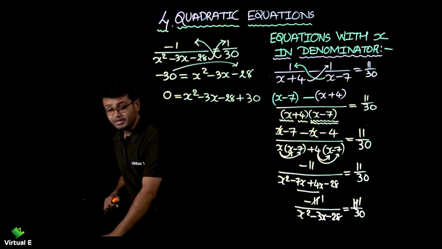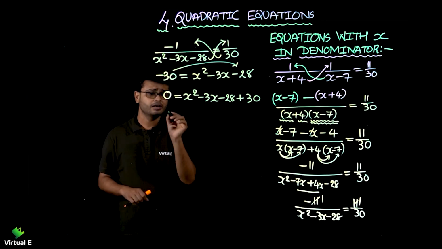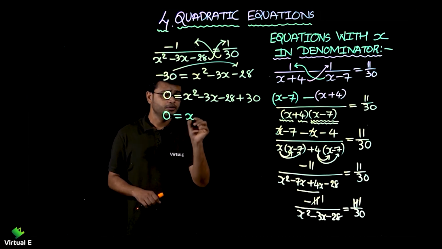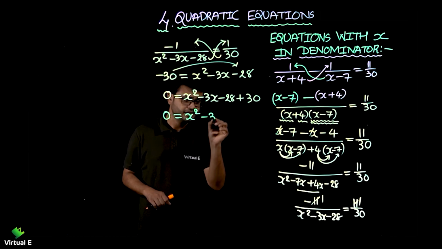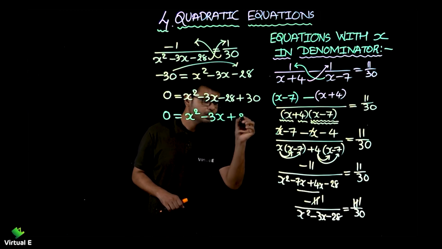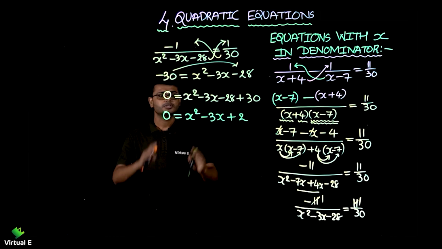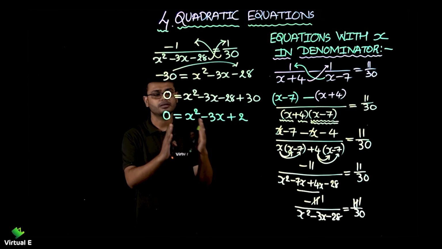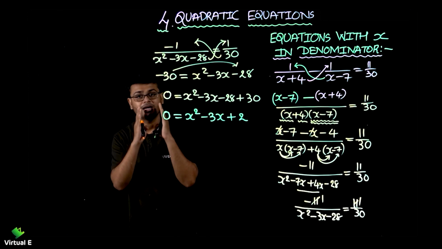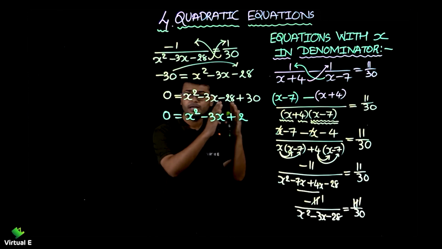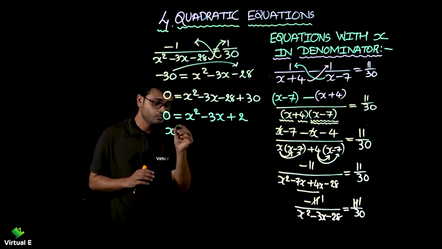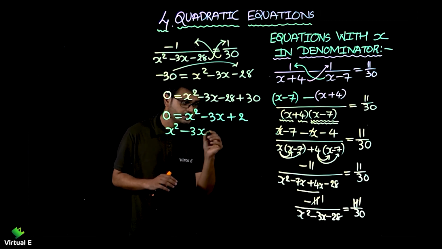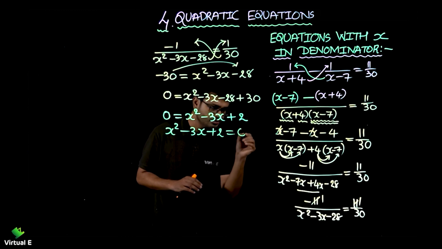So if I simplify, it will become 0 is equal to x square minus 3x as it is and plus 2, right? I want to swap it. This RHS will come over to the left hand side and 0 will go on the right hand side. So x square minus 3x plus 2 is equal to 0.